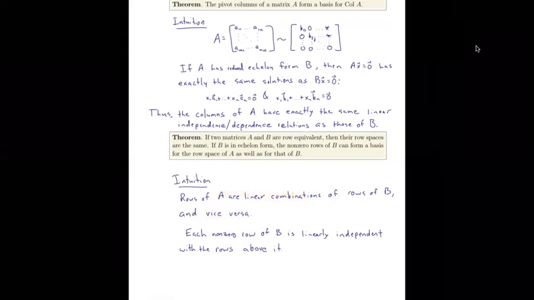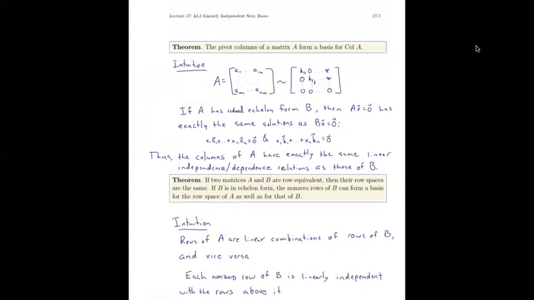Then each non-zero row of B is linearly independent of the rows above it. This pertains to the bottom here. Remember that if we look at a subsequent row, it is linearly independent of the row above it because its leading entry is in a different column than the previous row's leading entry, and it has a 0 here.